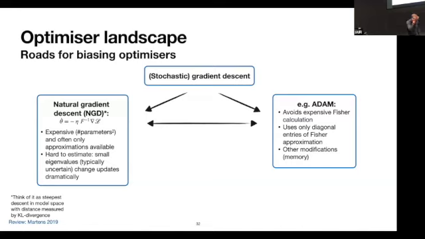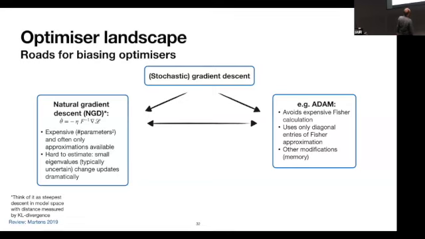This has to be confronted with standard things like Adam that we are using. It avoids this expensive Fisher calculation, but still has some information of it, particularly the diagonal entries of Fisher are being used. And then you have other modifications.